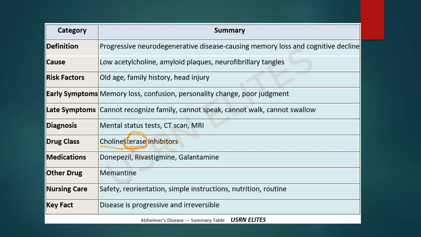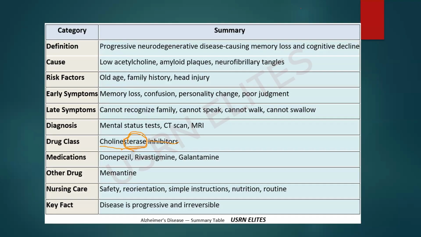It means that they destroy the cholines. Good. So it's an enzyme that destroys acetylcholine. Some people will call it that. So cholinesterase is an enzyme that destroys acetylcholine. That's what I want you to understand.